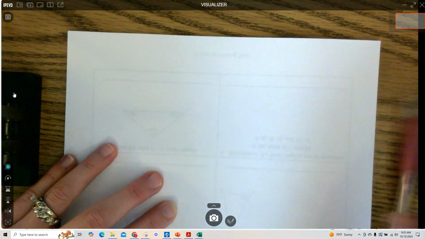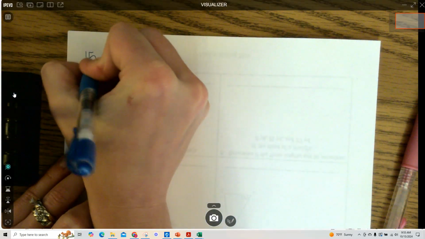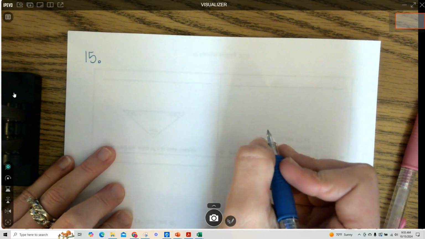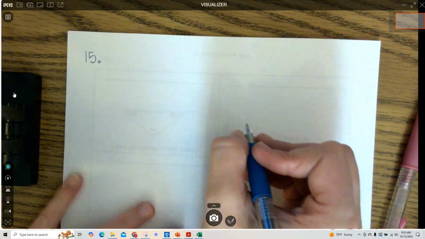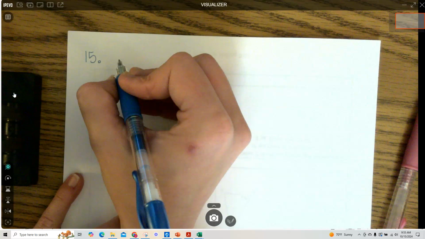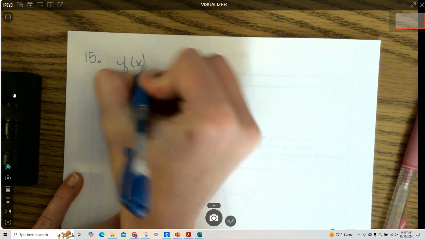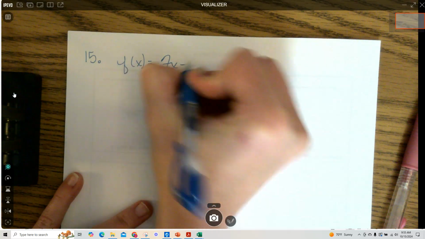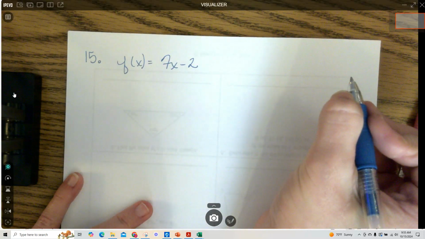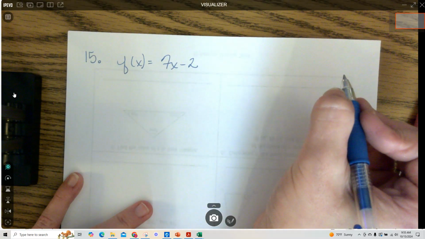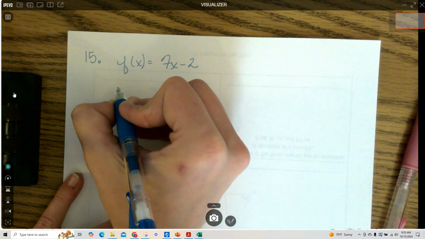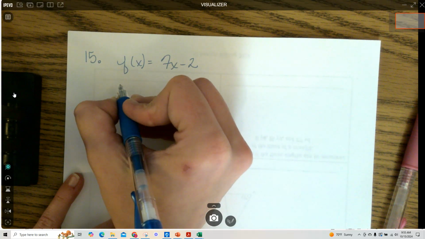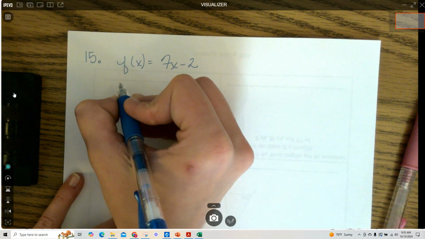15. This one only has 16 on it, right? Okay. 15. Given the function f of x equals 7x minus 2, find the inverse of f, and graph f and the inverse of f in the same rectangular coordinate system.